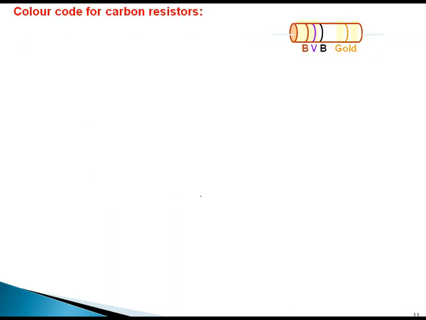Color coding of the carbon resistance. In physics lab you will see the carbon resistance. Generally there are 3 colors in continuous order and 1 color at the far end. There may be a possibility that at the far end no color is there, but these 3 colors will be there. Like I have written B, V, B, gold.